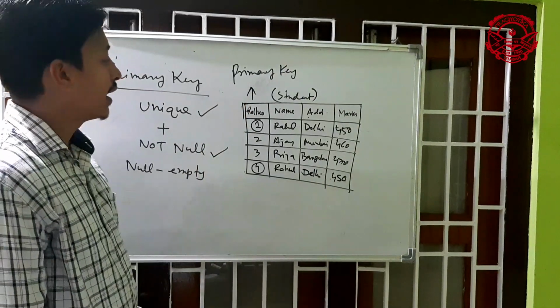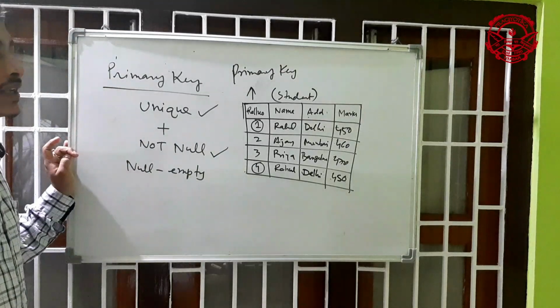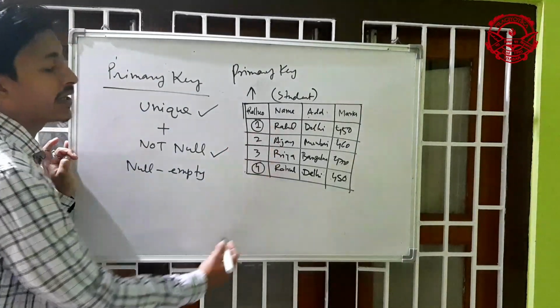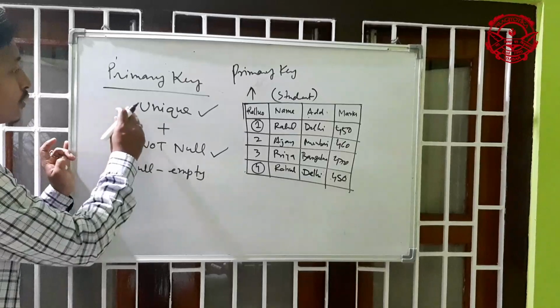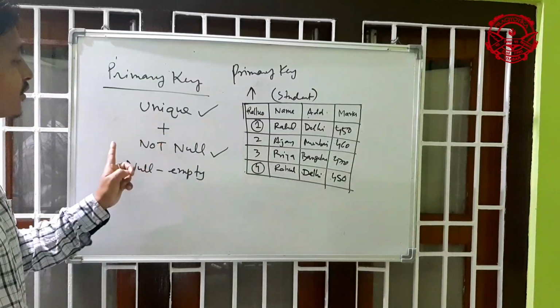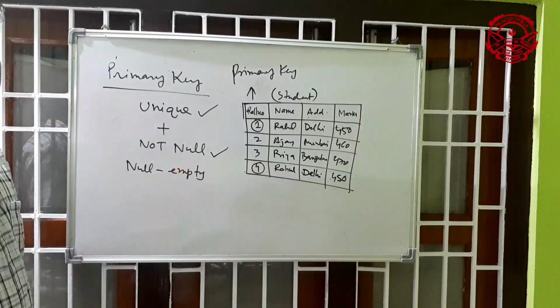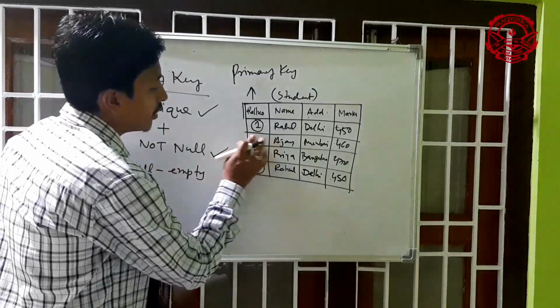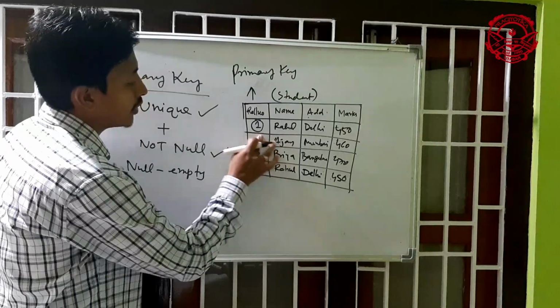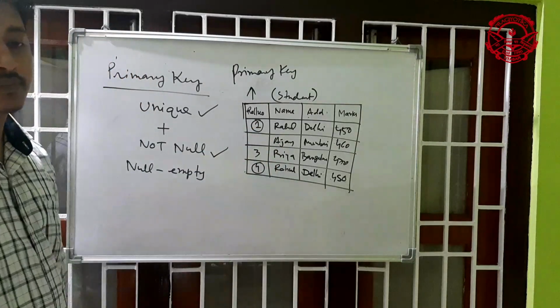So that's why the primary key is very important. A primary key uniquely identifies each record. These are the two characteristics: it should be unique and it should not have a null value. It should not have a null value means we are not going to leave this field empty.